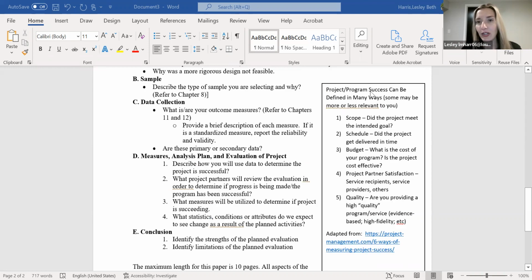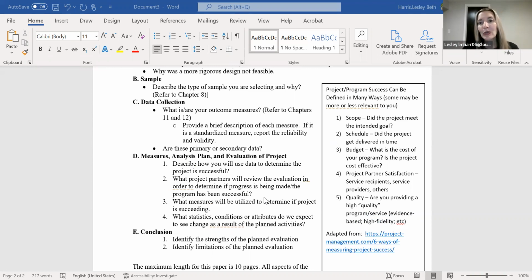I want you to also pay attention to this bubble box on the right-hand side of the screen, because an important part of this section D is that you really need to think about, how do I determine or know if my program is successful or not?